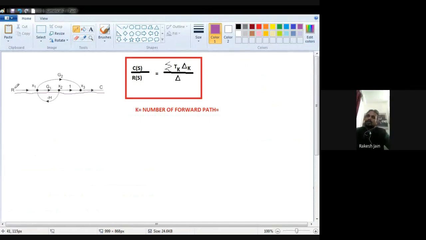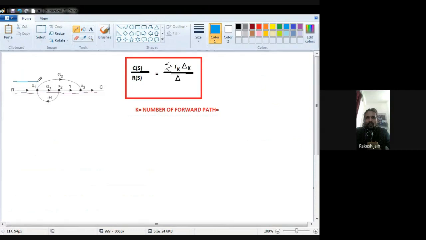So I start from the input side and reach the output side without repeating any node or any branch, depending on the arrows given in the question. All arrows are toward the forward direction. So this is my first forward path.